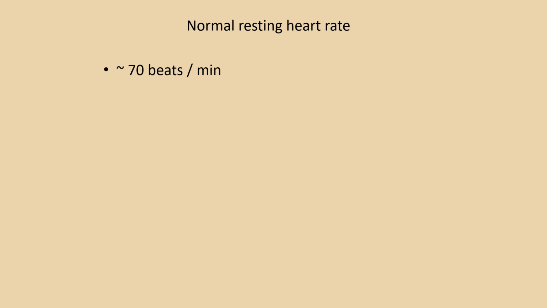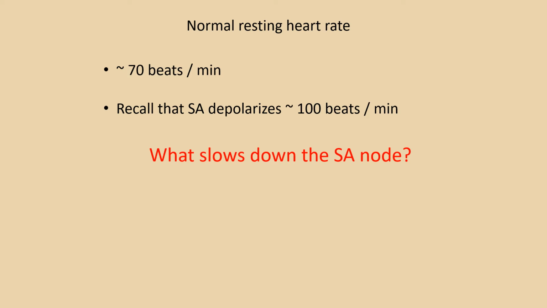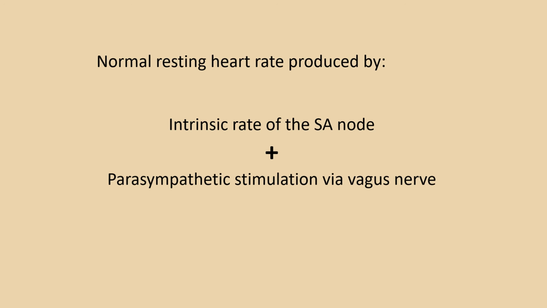Parasympathetic motor output is responsible for your resting heart rate. Recall that an average adult resting heart rate is about 70 beats per minute. And also remember that the SA node, the pacemaker of the heart, has an intrinsic rate of firing of about 100 beats per minute. So what slows down the SA node, giving you a resting heart rate of around 70 beats per minute?